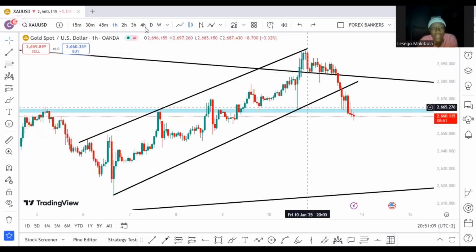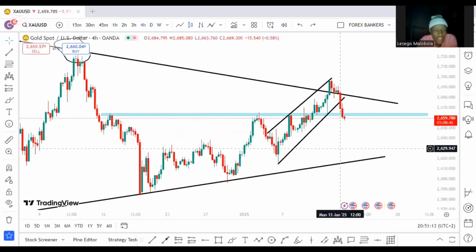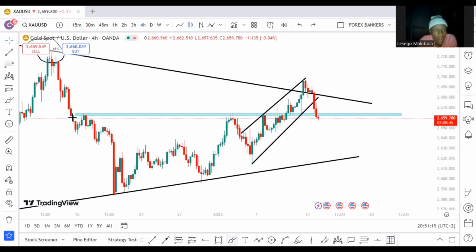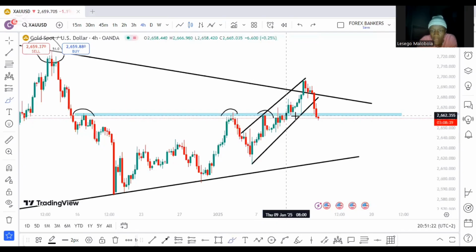Not only that, but on the 4 hour time frame we had this resistance, price rejected here, here, here, and now it's supported here, right?